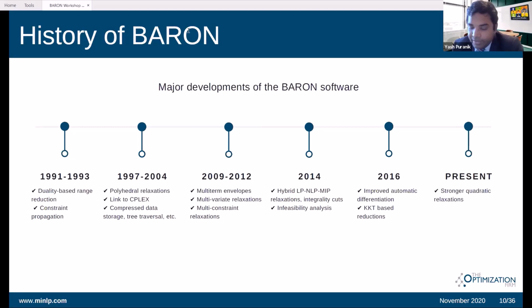And as compared to that, if we look at linear solvers, they had been undergoing development for a lot longer. So the performance was very efficient, it was robust. So at that point, Barron implemented polyhedral relaxations. And the idea was once you have a convex relaxation for a non-convex model, you don't actually solve the convex relaxation to find your lower bound, but you further outer approximate it with hyperplanes and solve the linear relaxation.